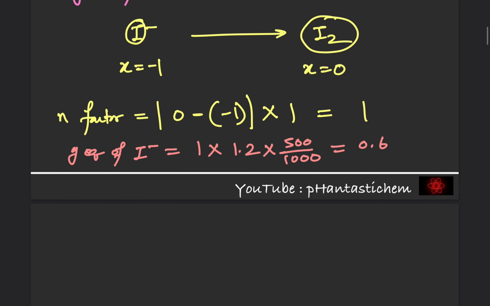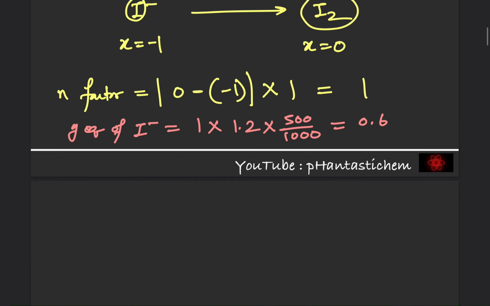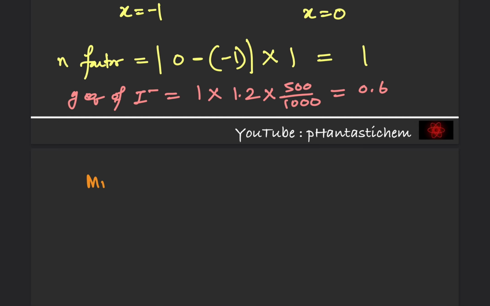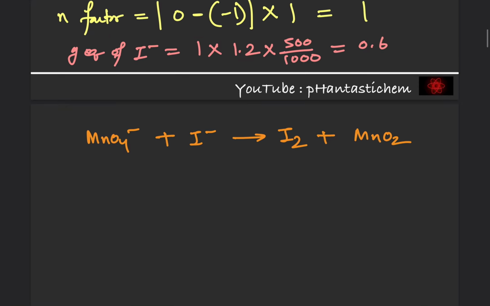I will write down the reaction again. The reaction was MnO4 minus plus I minus, giving me I2 plus MnO2. The gram equivalent of MnO4 minus that we calculated is 0.3. Gram equivalence of I minus is 0.6.